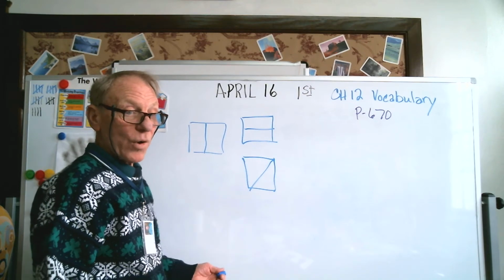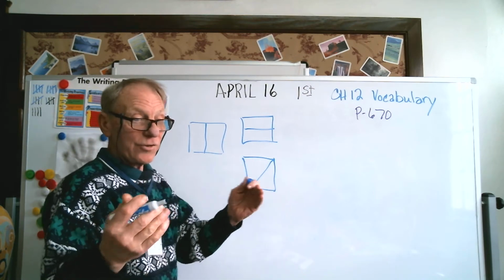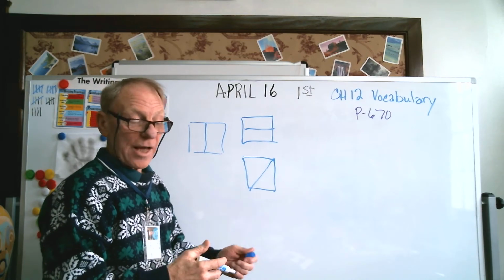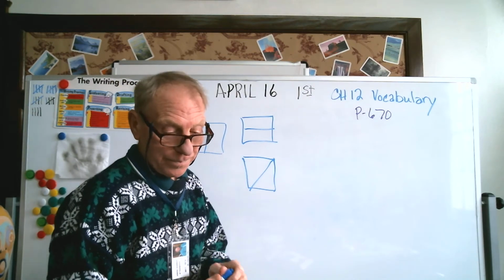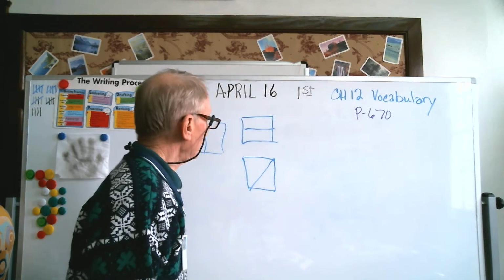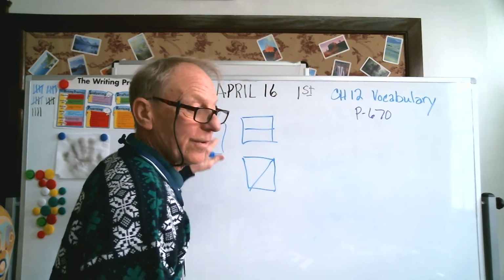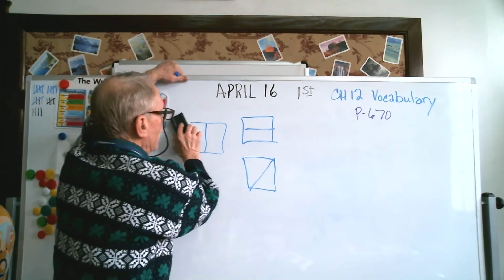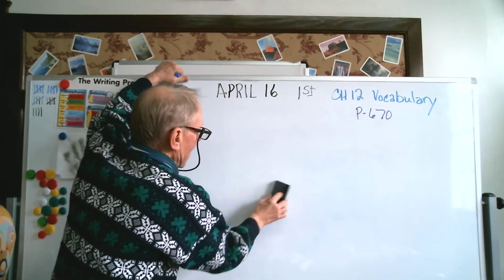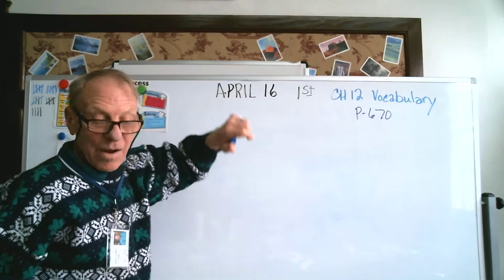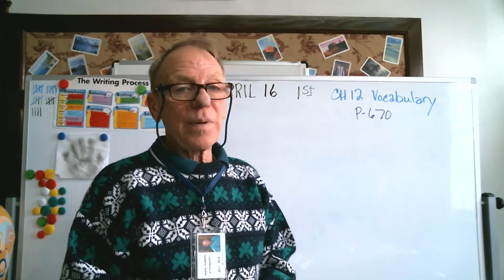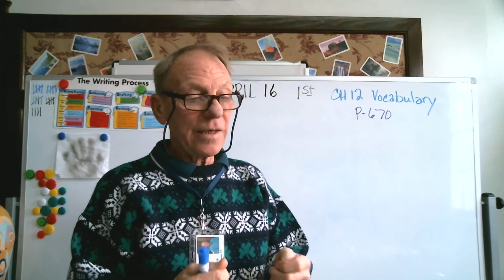The only thing that's important is each half is exactly the same as the other side. And if you split something into halves, you're splitting it into two parts. I've got a candy bar, and I want to share it with my sister. I split it in halves. I cut it in two.